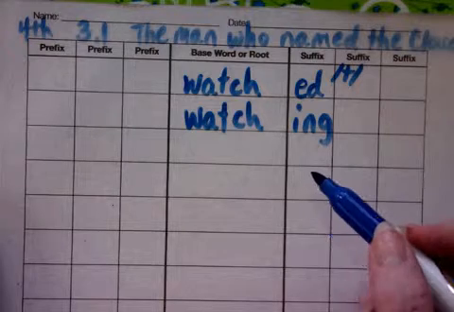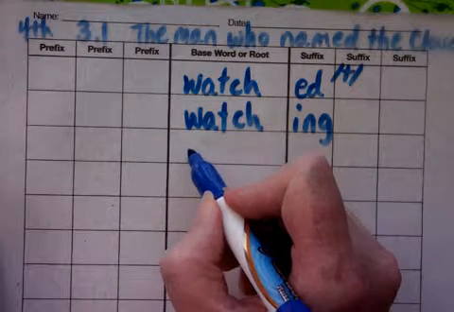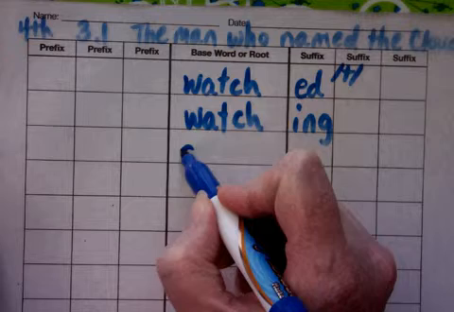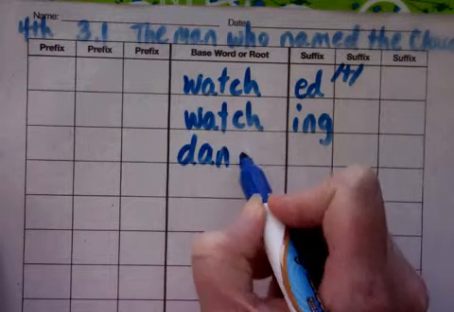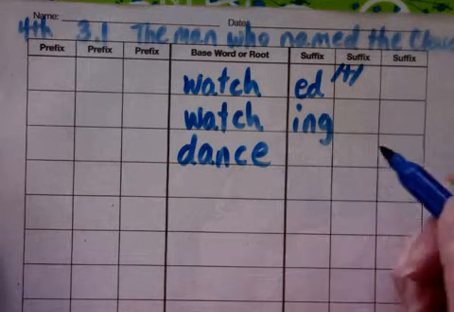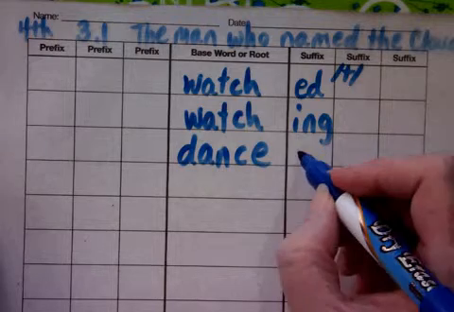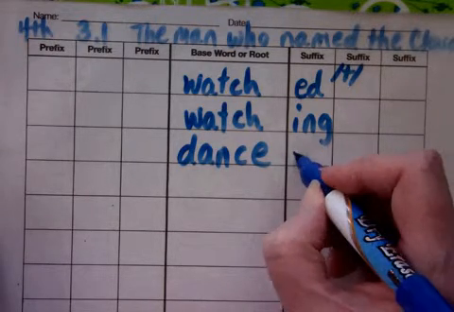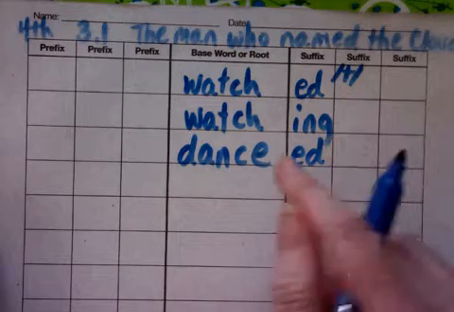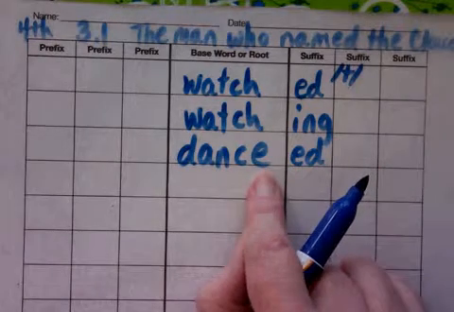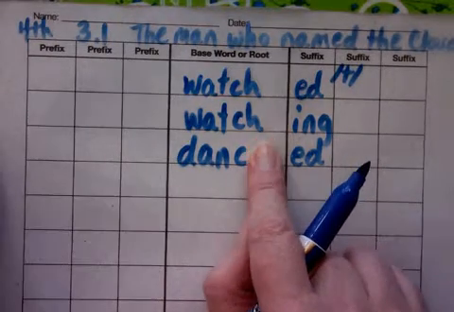The next word is danced. Our base word is dance. And our ending is ed. We can't have two e's next to each other, so this one is going to be dropped. Okay.